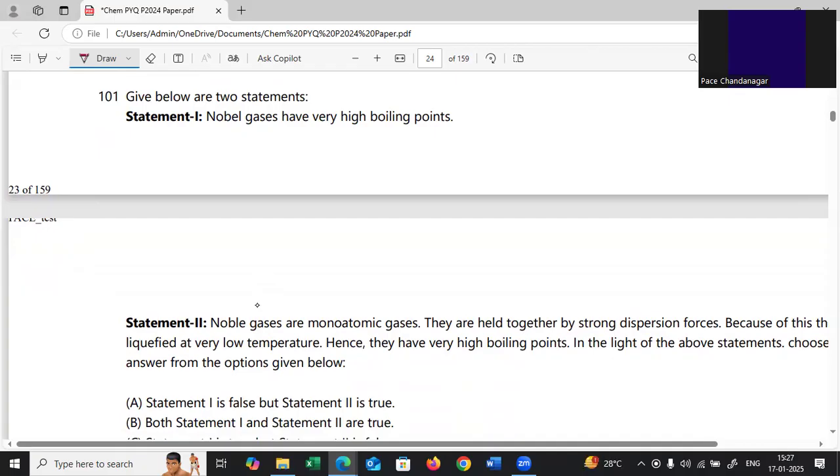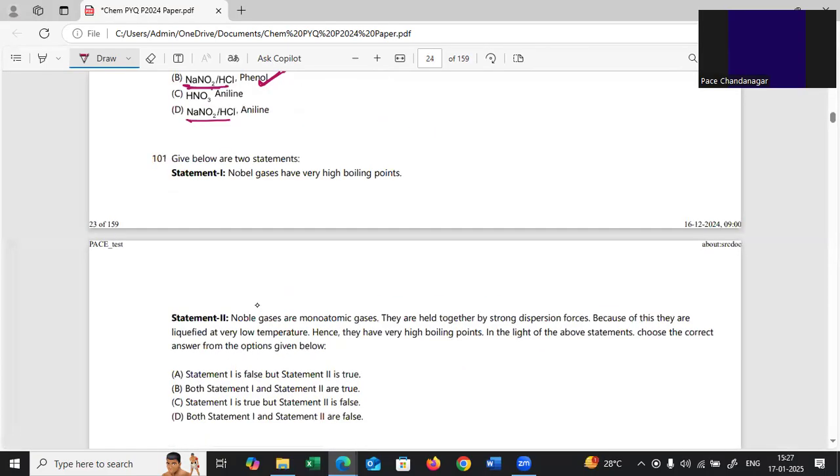Given below are two statements. Statement 1: Noble gases have very high boiling points. Is that right or wrong? Yes, noble gases have high boiling points. Hmm? No, I would say statement 1 and statement 2 both are false.